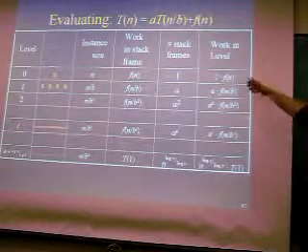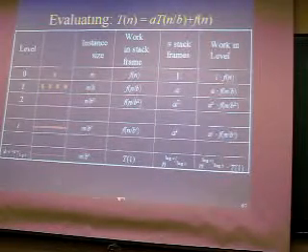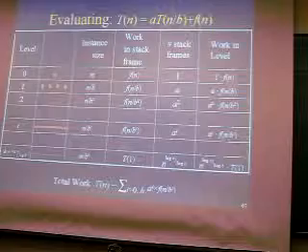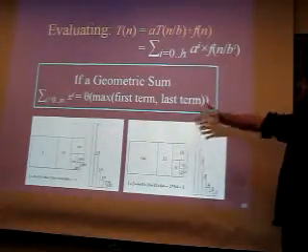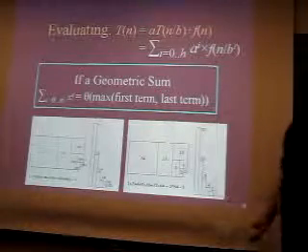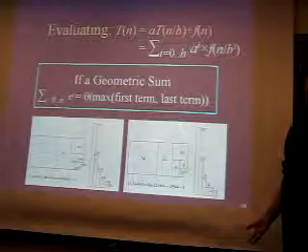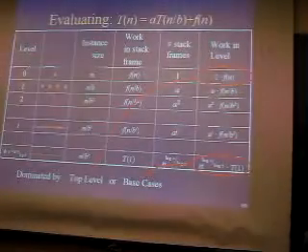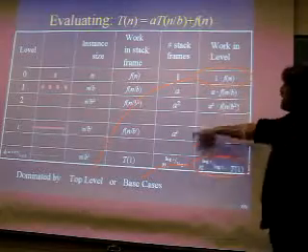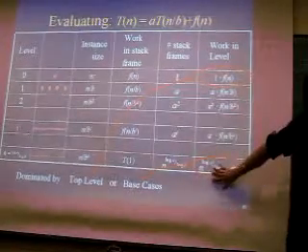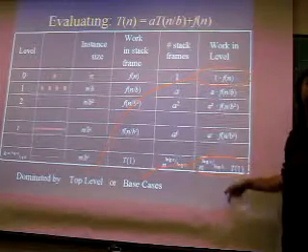So now what we want to do is add this up. Generally speaking, it's geometric and it's dominated by the biggest term, which is the first term or the last term. So generally, this is dominated by either the work done at the top level, or the work done at the base cases.